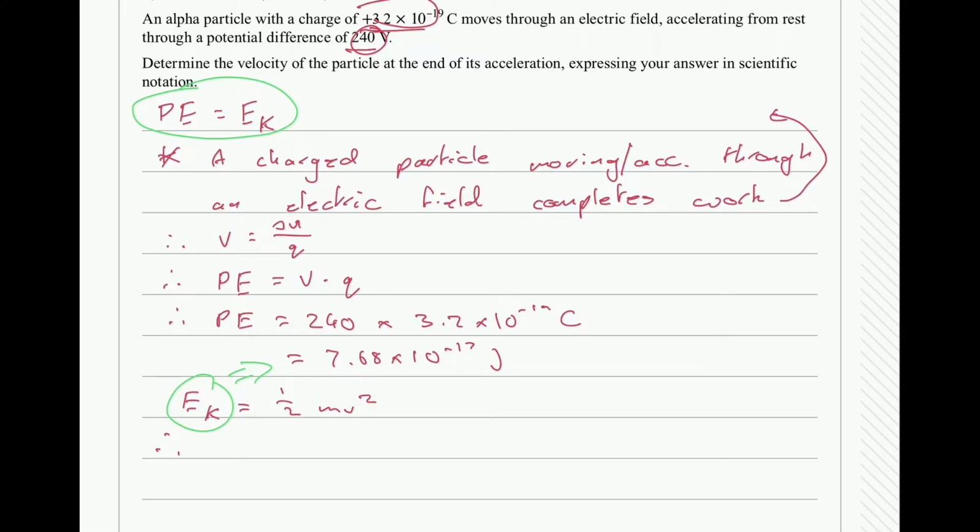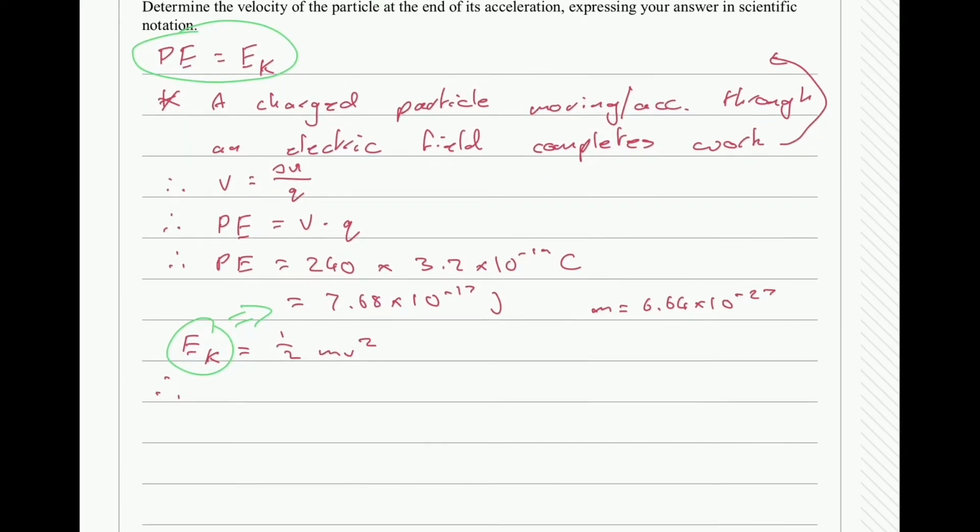You get masses of other particles as well. So if you see that the mass is not given to you, that should be a trigger: you should be able to find it somewhere in your formula book. So our mass is going to be equal to 6.64 times 10 to the negative 27, and that's in your formula book.